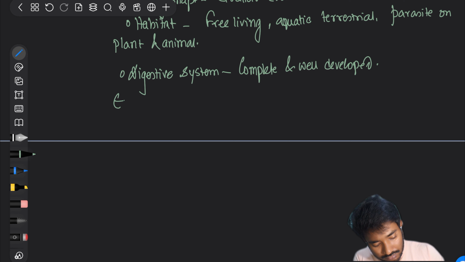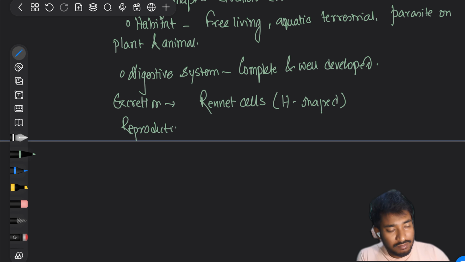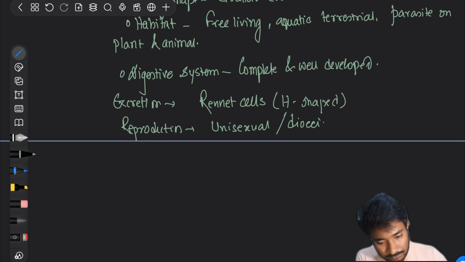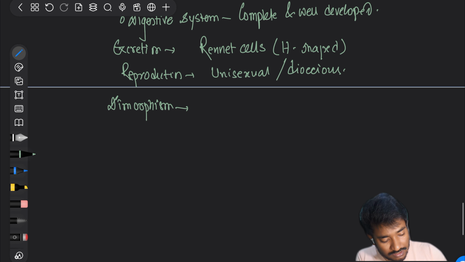Excretion: renette cells, which are H-shaped basically. Reproduction: unisexual, dioecious. Dimorphism: male smaller than female.